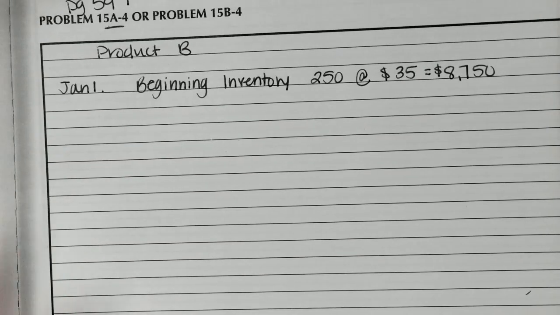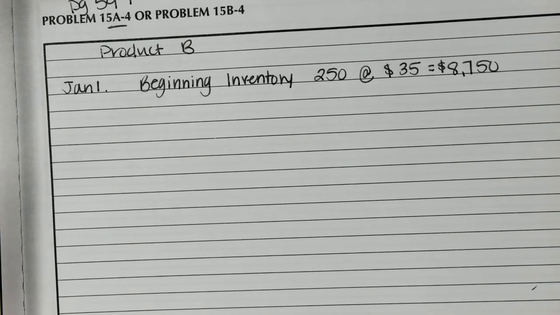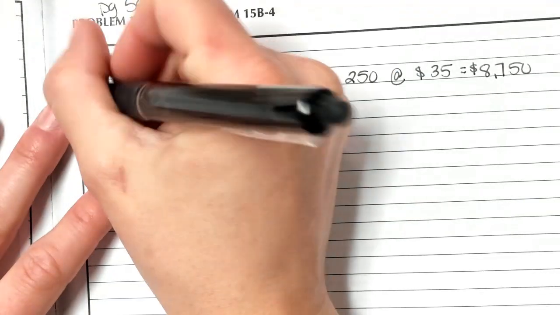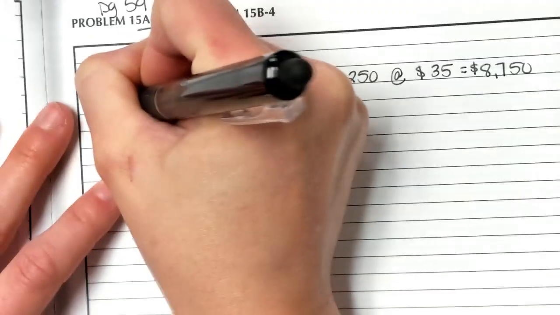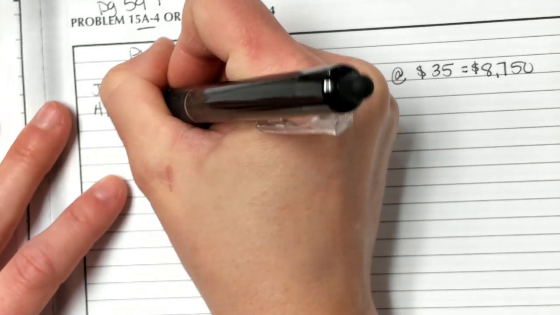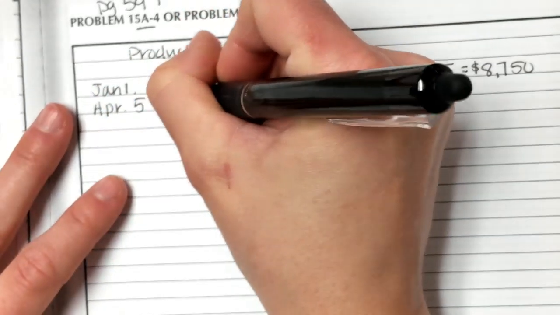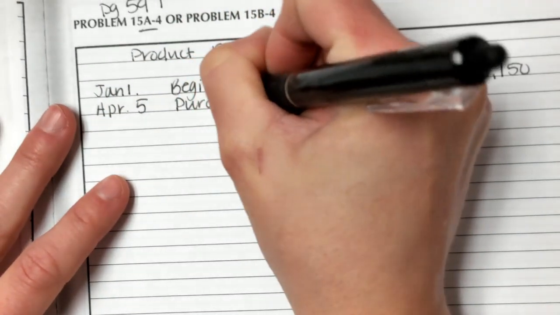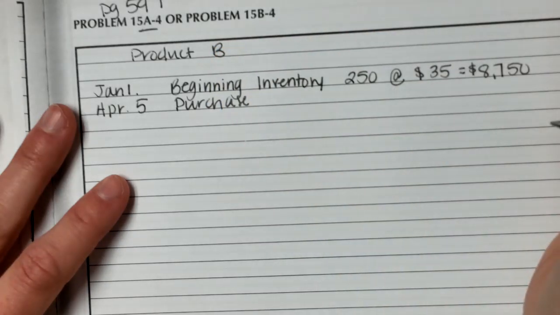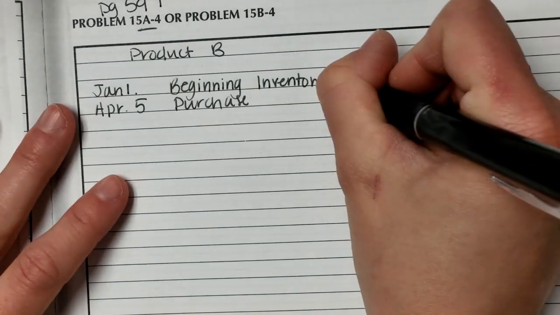And then we're just going to go ahead and go through all of the purchases. The additional purchases of the product were made. April 5th. Just write purchase, that's fine. 300 units.